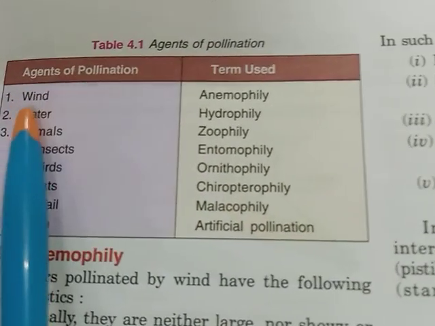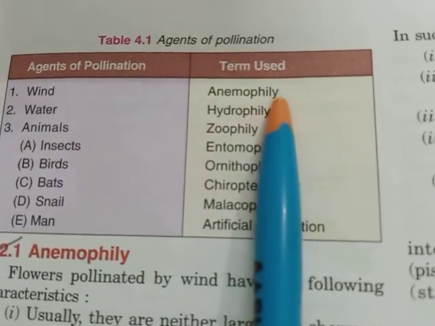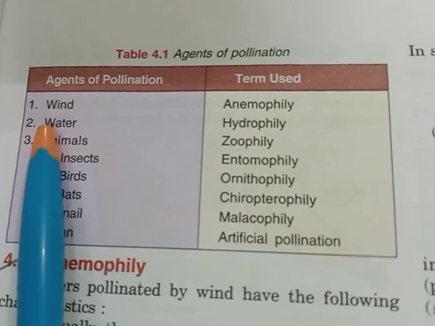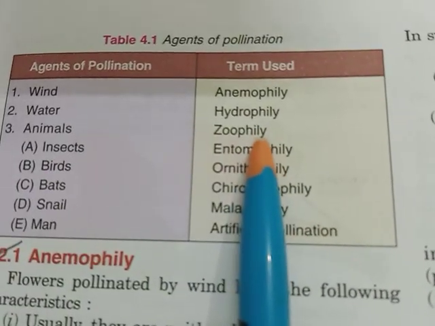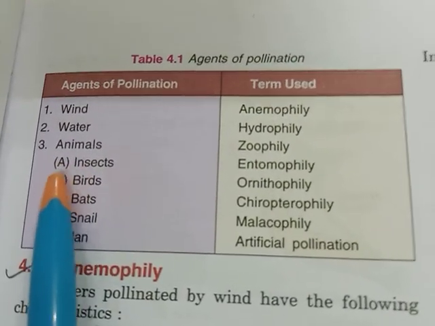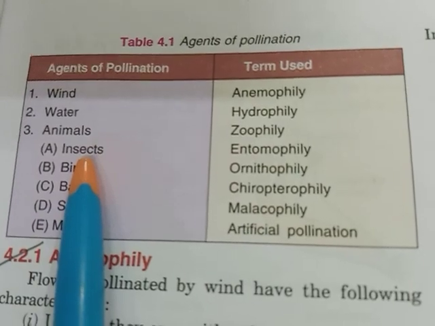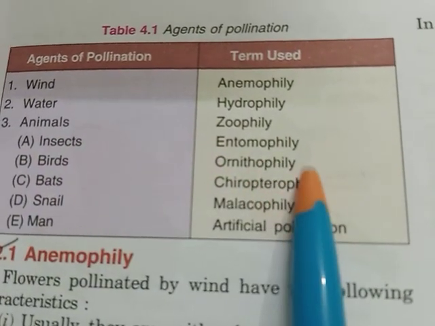See, when the pollination takes place with the help of wind, it is known as anemophily. Water, hydrophily. Animals, it is known as zoophily. And in animals, when this pollination takes place with the help of insects, it is known as entomophily. Birds, ornithophily.